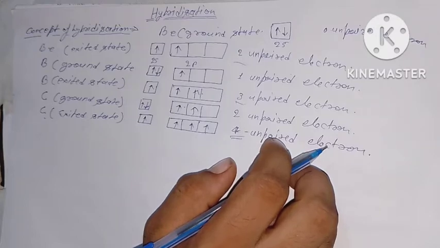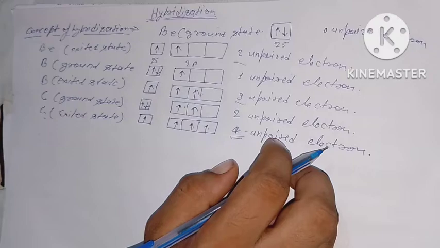Thus, in beryllium, s and p orbitals somehow mix and give two equivalent orbitals. In boron, one s and 2p orbitals mix. In carbon, one s and 3p orbitals mix and give 3 and 4 equivalent orbitals of the same energy.